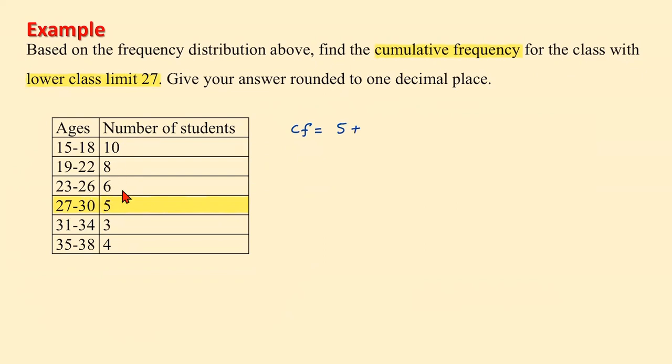So 5 plus 6 plus 8 plus 10 is 29. So the cumulative frequency for this class is 29. So always remember, cumulative frequency is the sum of the frequency of that particular class plus all the classes before that.